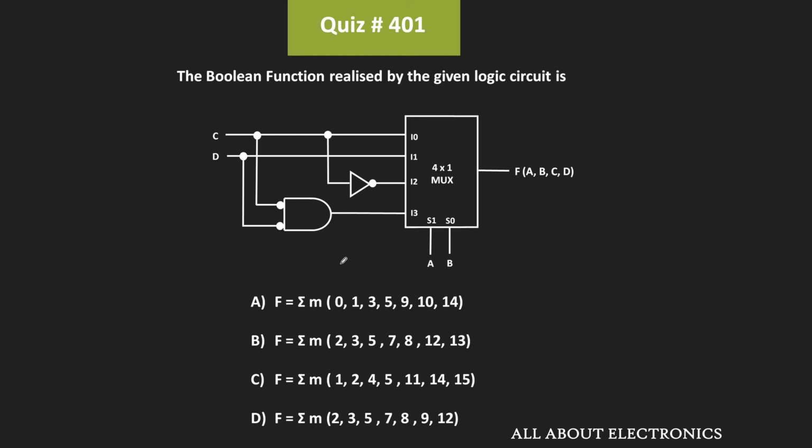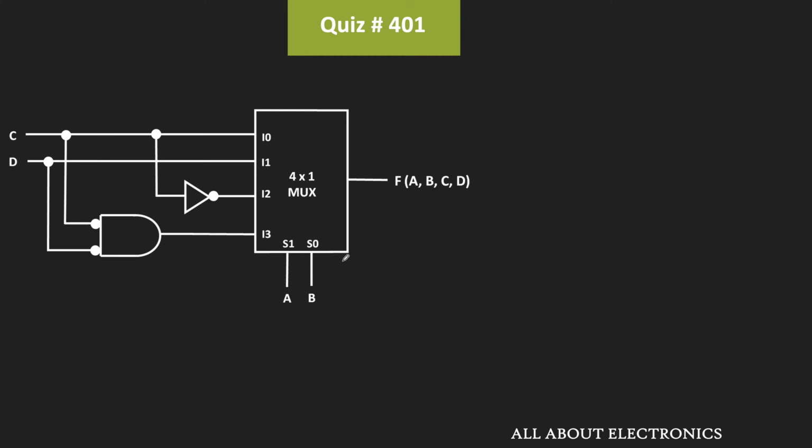So in this question, we have been given the logic circuit based on the multiplexer and we have been asked to find the Boolean function which is realized by this logic circuit. As you can see, this logic circuit is based on the multiplexer and the given multiplexer is the 4x1 multiplexer.